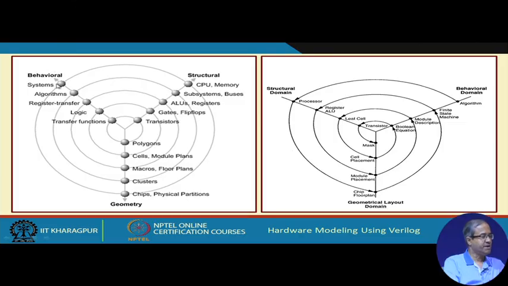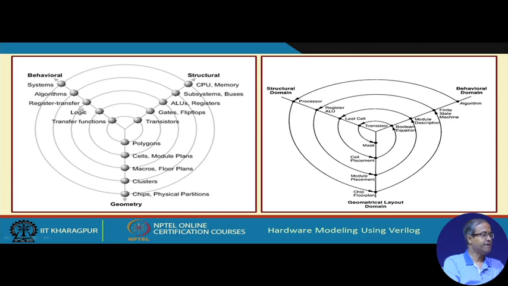This is my highest level design of the system. So, this is my behavior. In the structural level, this will be a netlist consisting of the interconnection of CPUs and memories, as in the example I have given. And in the physical level, this will consist of a collection of chips, one may be a processor, one may be memory and so on.